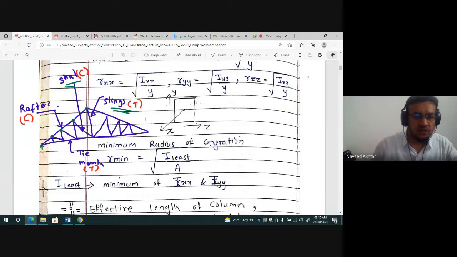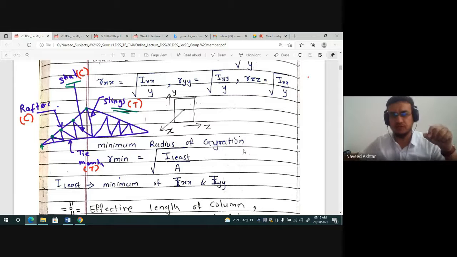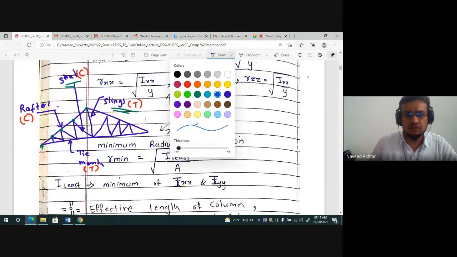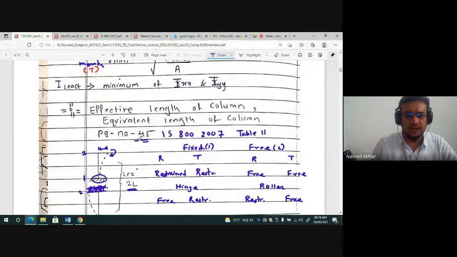Okay. Yes, sir. In the previous class we have seen the different types of member in the roof truss. Also, we have seen what is the effective length of compression member in case of column, and that is given in our IS 800 2007, page number 45.